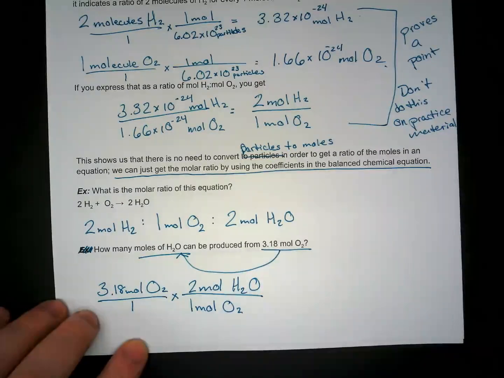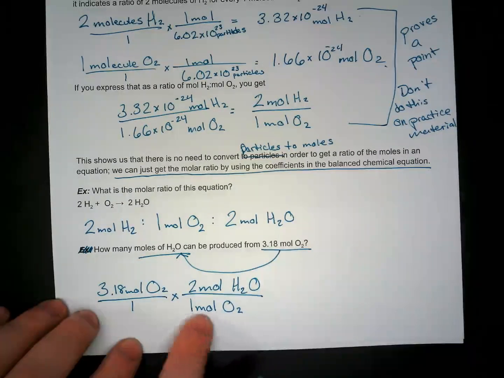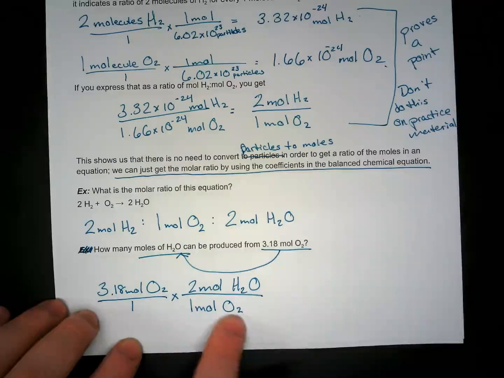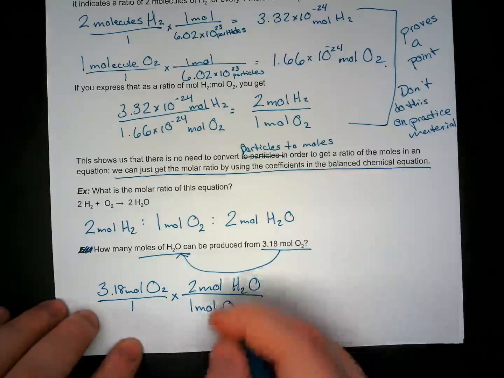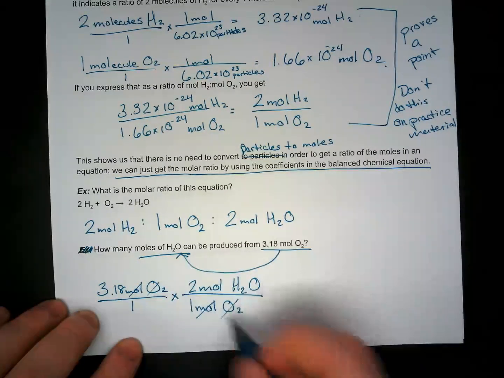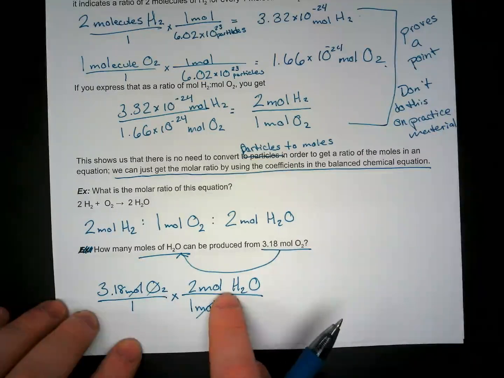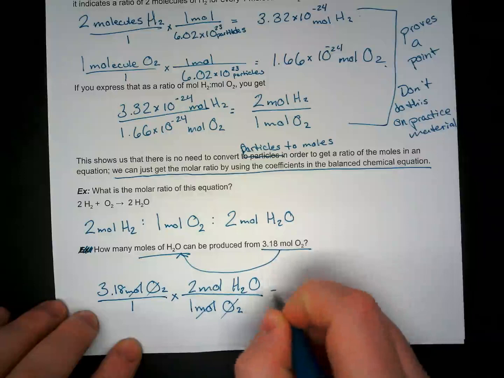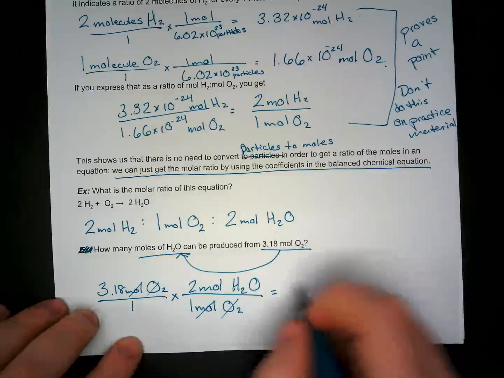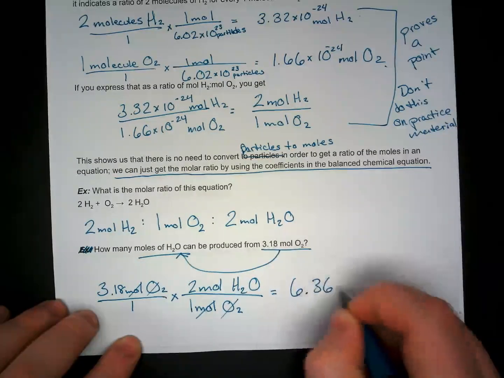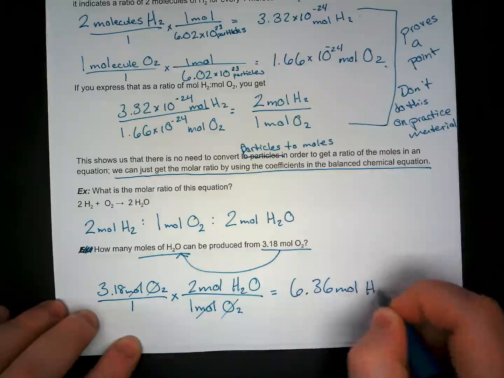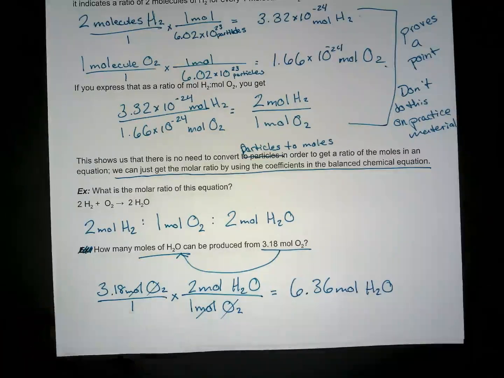And again, the rules still apply. Old units go on the bottom along with your now old compound. So this cancels out, this cancels out, and what we're left with is just 3.18 times 2 moles of H2O, which gives us 6.36 moles of H2O. Okay. So that's what we're doing.